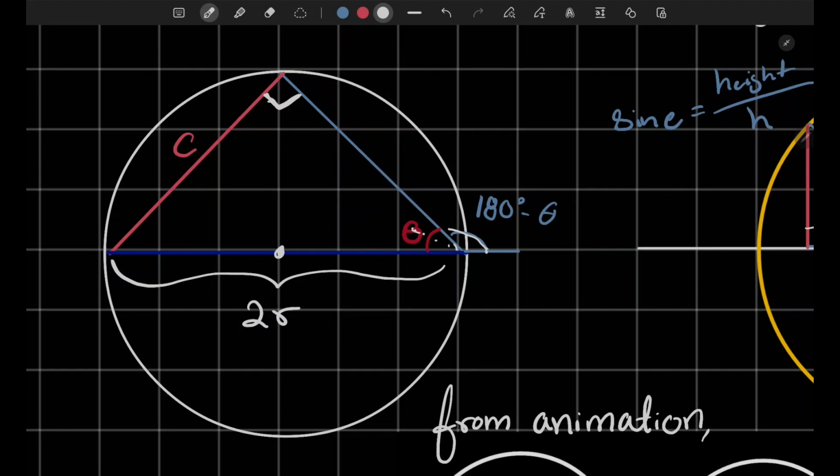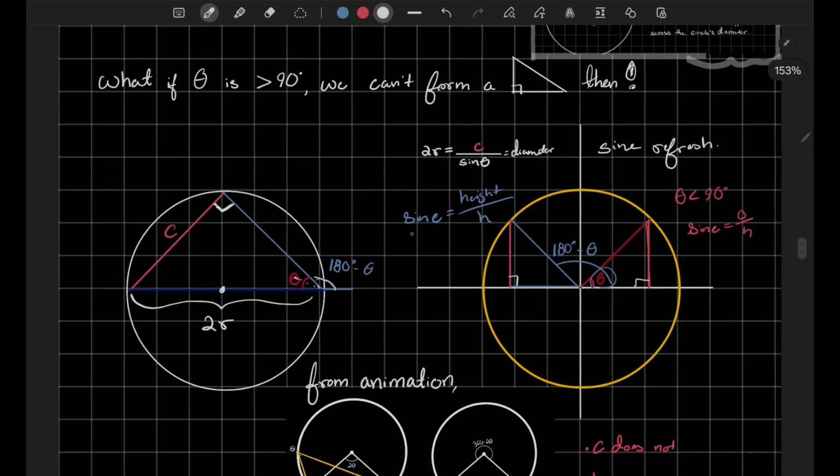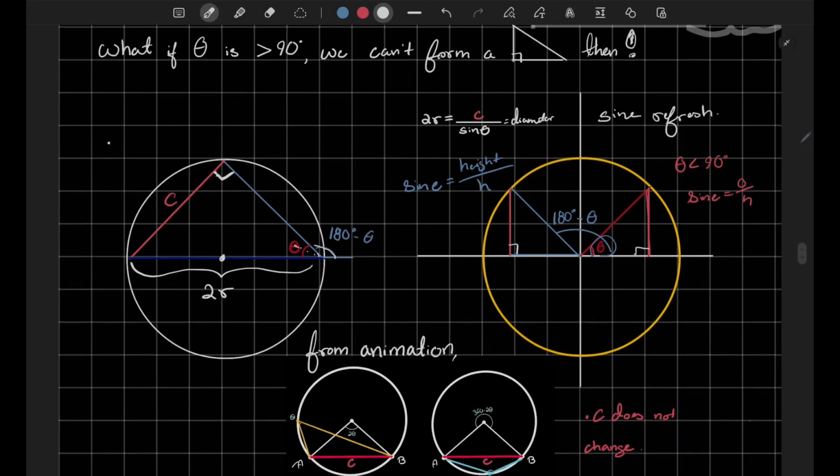So you could think of it this way, or you could think, okay, well, this sine theta is the same value, so it's whatever. So, second way to think about it.